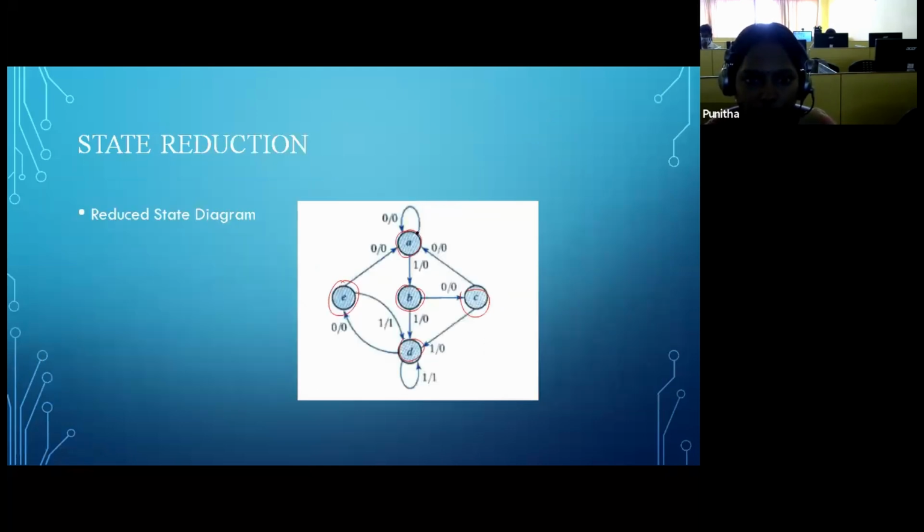If I apply 0 to the state A, my next state is A, and the output will be 0. This is the diagram for this one.